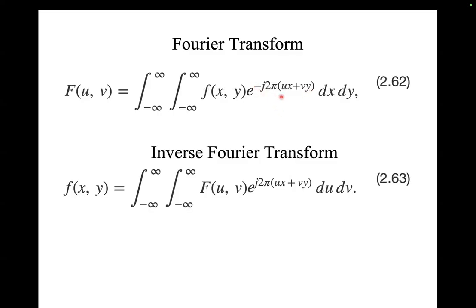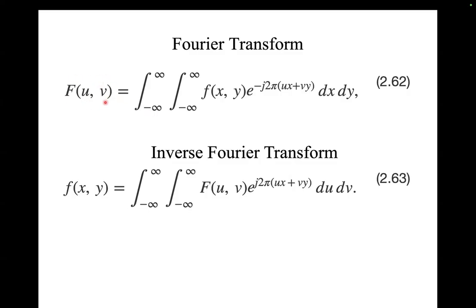In effect, when you set mu and nu here, you set a plane wave that is multiplied by your function, and then you integrate that product. If they're very similar, it will give you a non-zero value, and you'll get a Fourier coefficient saying that that spatial frequency is represented in your data.